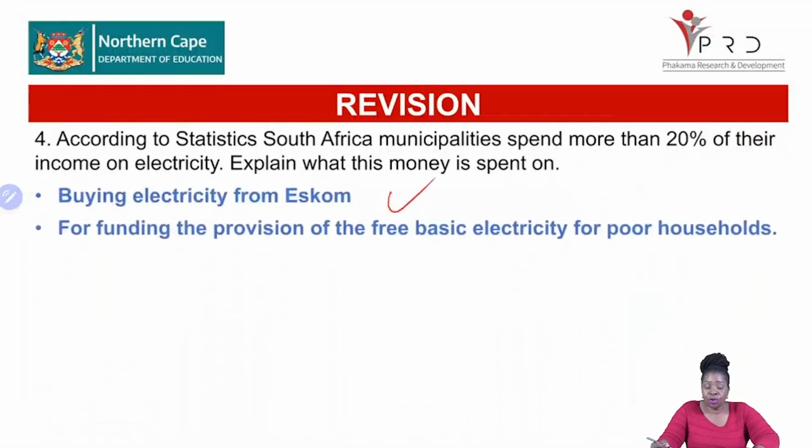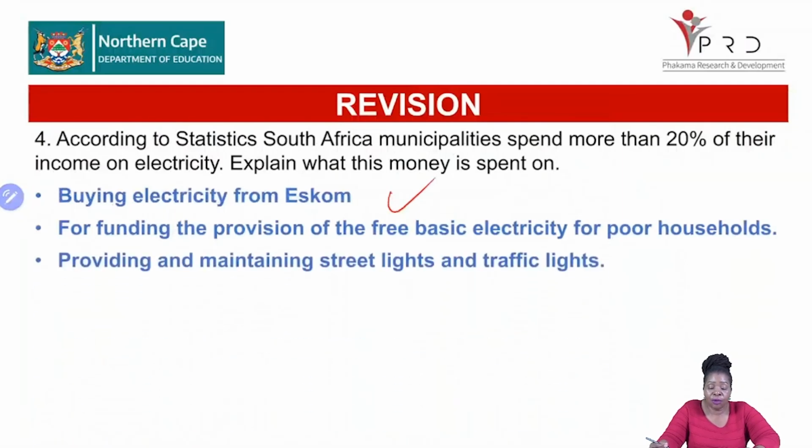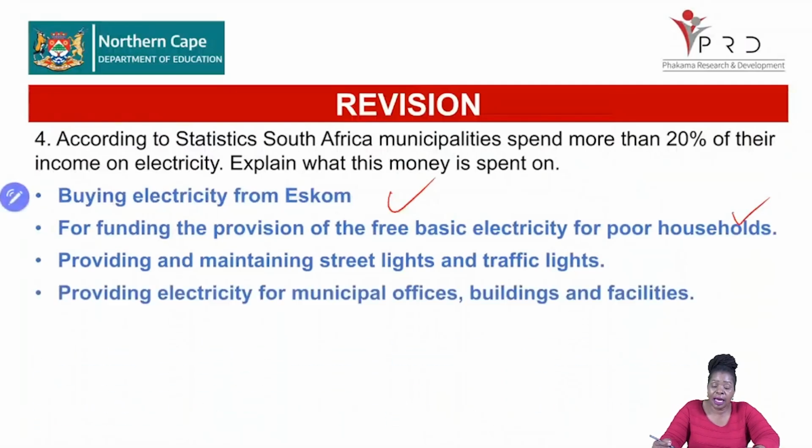It is also used for funding the provision of free basic electricity for poor households. Also for providing and maintaining street lights as well as traffic lights. Also for providing electricity for municipal offices, buildings, and facilities.